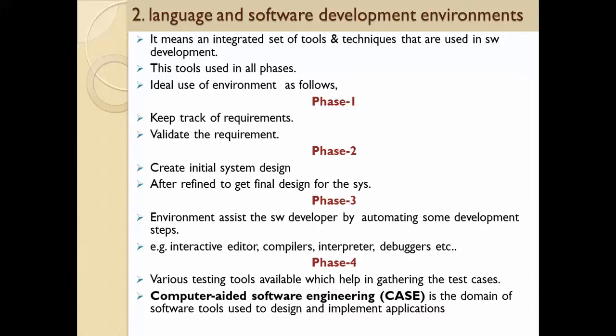What is phase 1? It is requirement gathering and specification, or analysis. The main task of phase 1 is to keep track of requirements, and the second is to validate those requirements. How are these requirements gathered and validated?